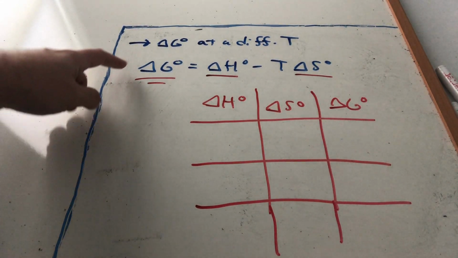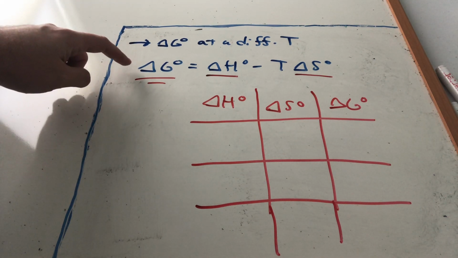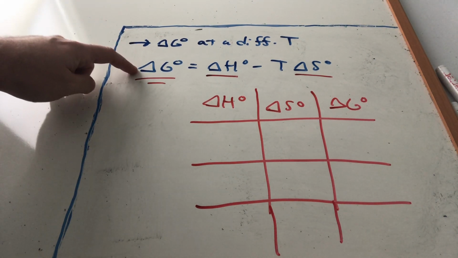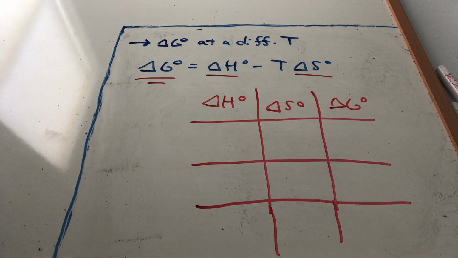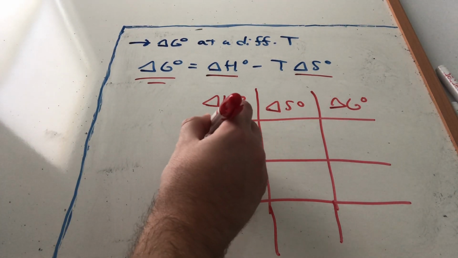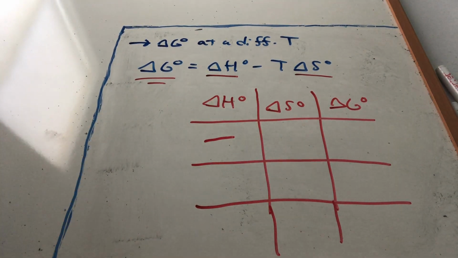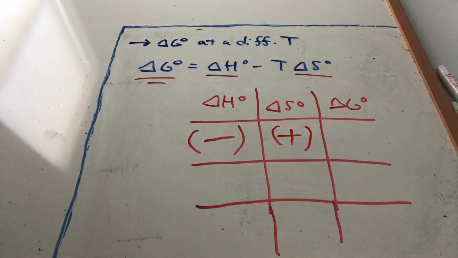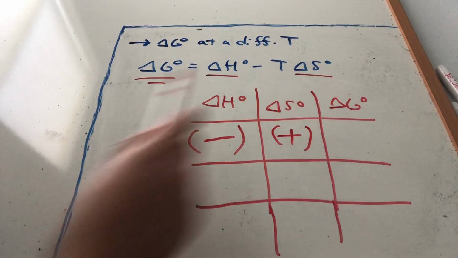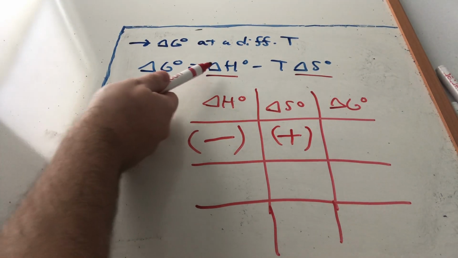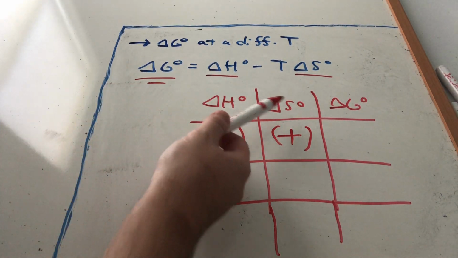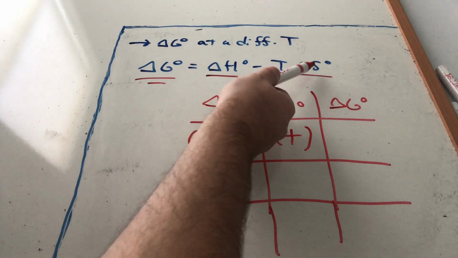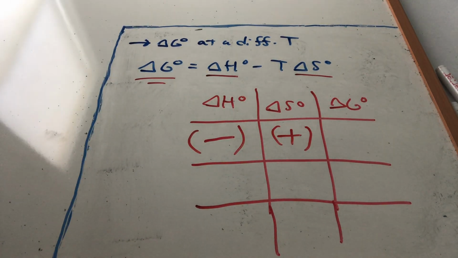Remember, for a reaction to be spontaneous as written, this has to be negative, okay? Well, if I have an exothermic reaction, delta H is negative. If at the same time the disorder of my reaction is increasing, then I have an exothermic reaction, so that's negative. My disorder is increasing, so that's positive, but there's a negative sign there.